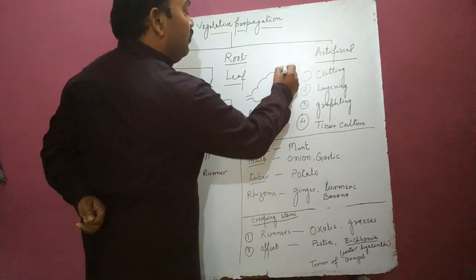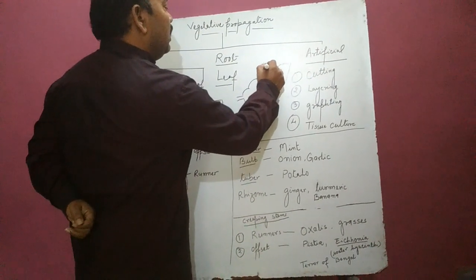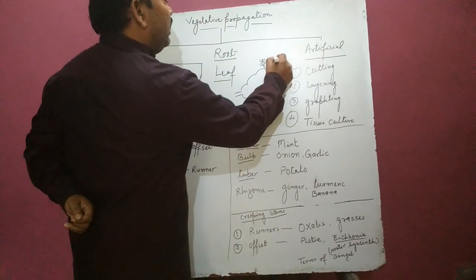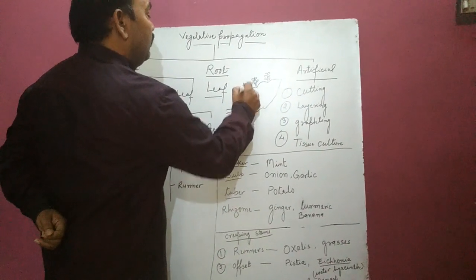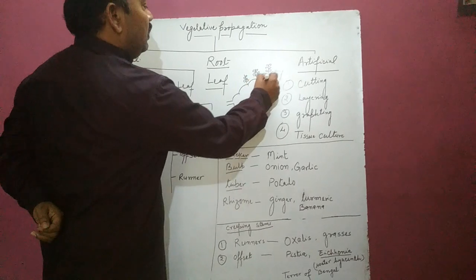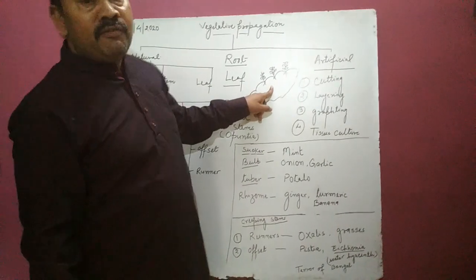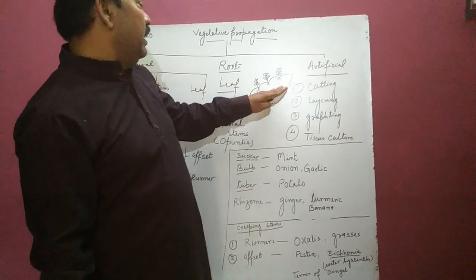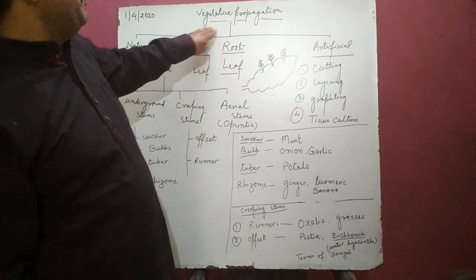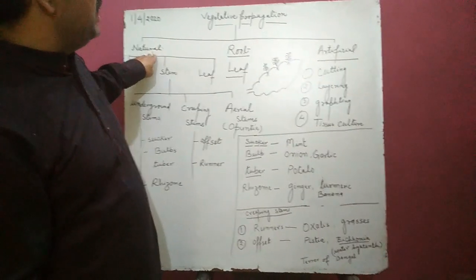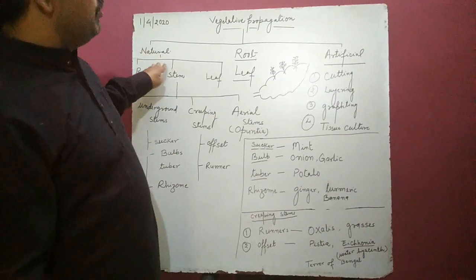At the margin of the leaf, plantlets arise, and these plantlets detach from the parental leaf and germinate into a new young one. It is vegetative propagation by means of the natural method. That is all about vegetative propagation by the natural method.